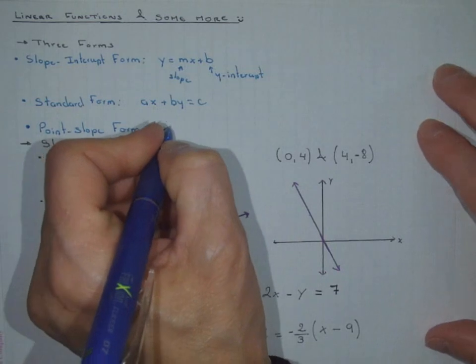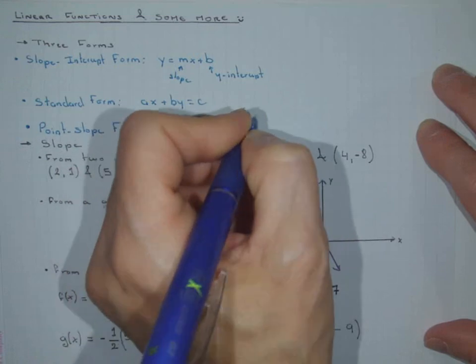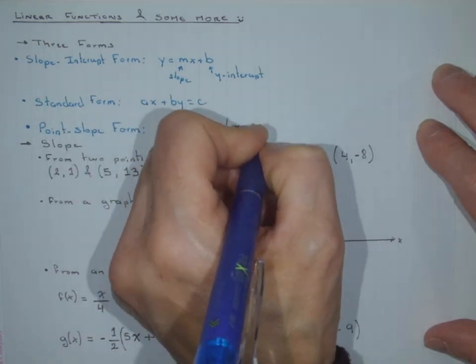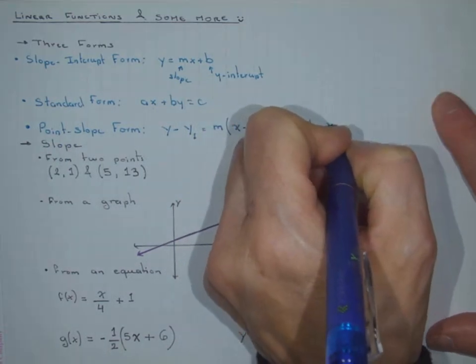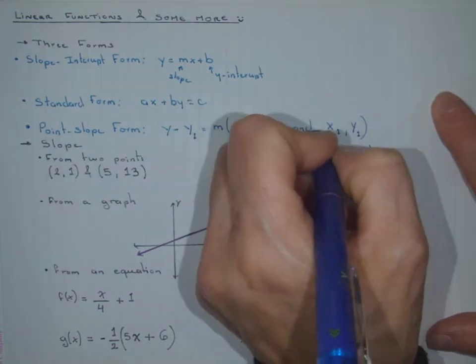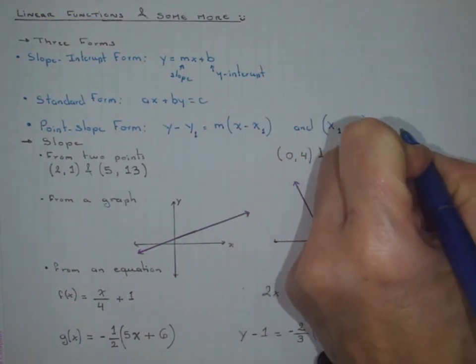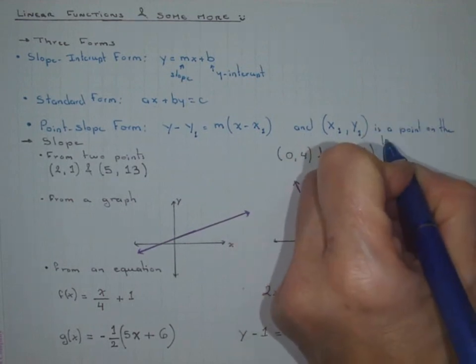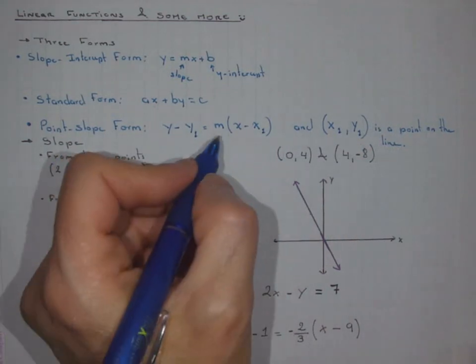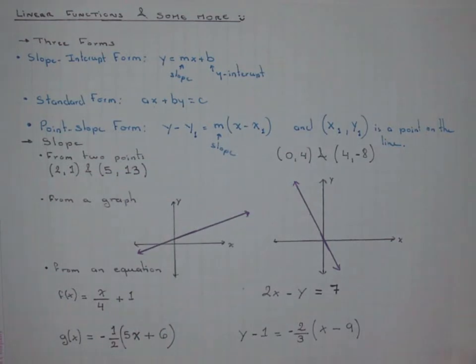That would look like y - y1 = m(x - x1), and (x1, y1) will be a point on the line. And of course the slope is m, just like above, so this will be your slope. That hasn't changed. Alright, so those are the three forms of a linear equation.